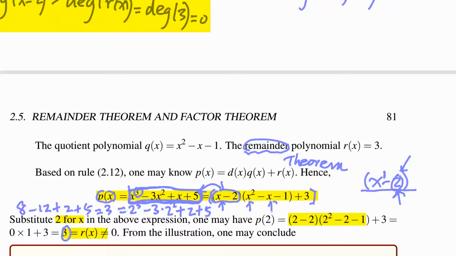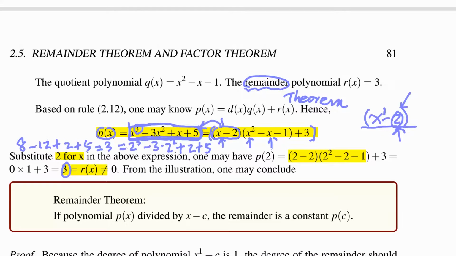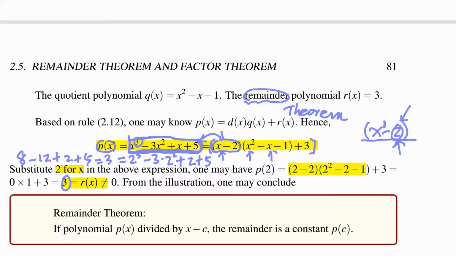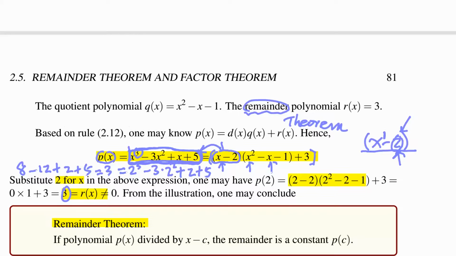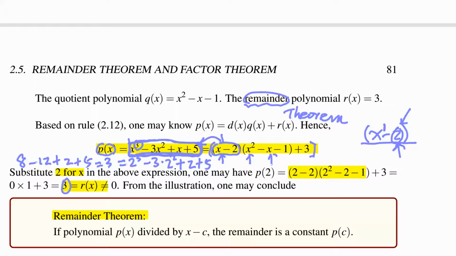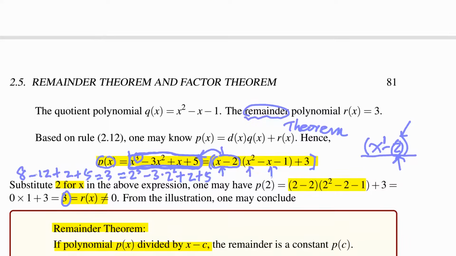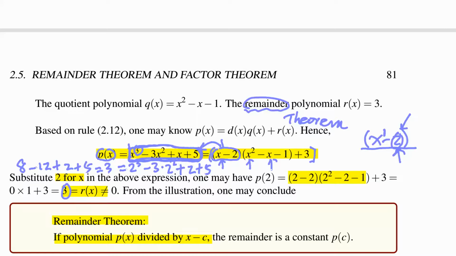Here is the general theorem, the remainder theorem. The remainder theorem says that if a polynomial P of x is divided by x minus c, then the remainder will be P of c.